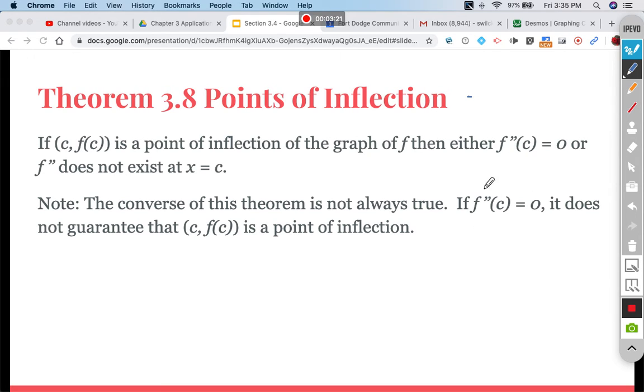It does not mean that if the second derivative is 0, it is a point of inflection. If its second derivative is 0, it may be a point of inflection, but it's not guaranteed. But if it is a point of inflection, the second derivative will be 0, or the second derivative will not exist. So, like with the first derivative test, those are the points we're going to concentrate on.